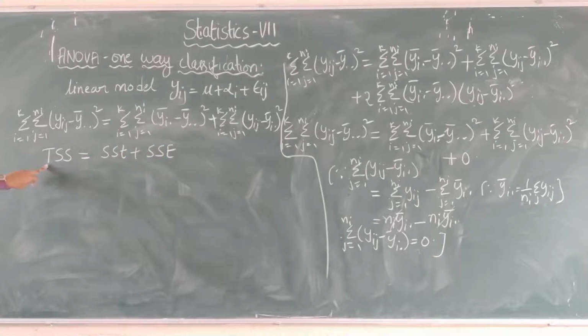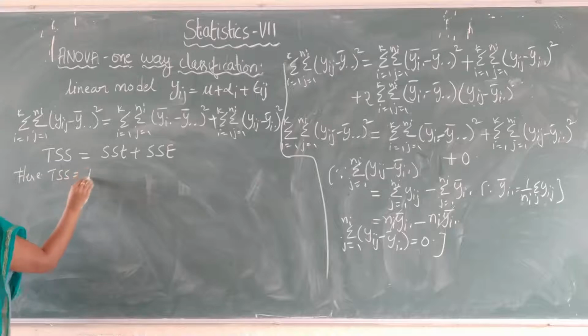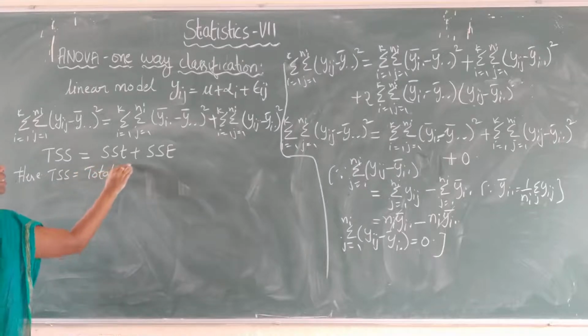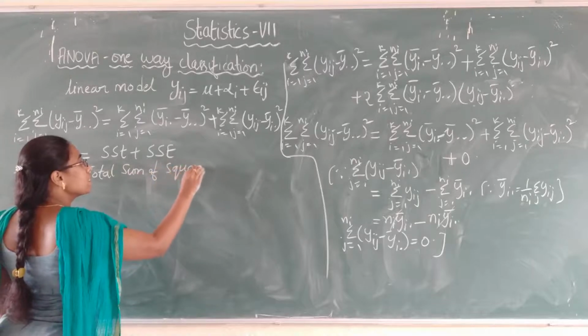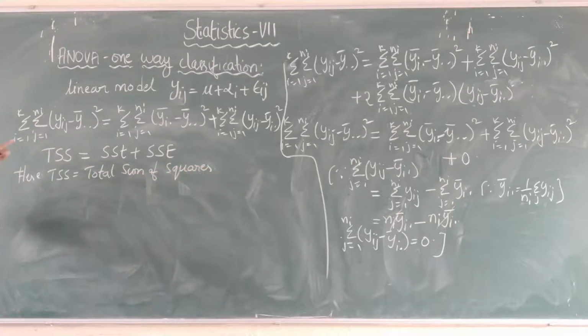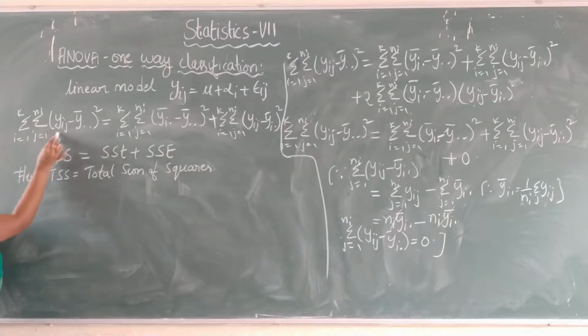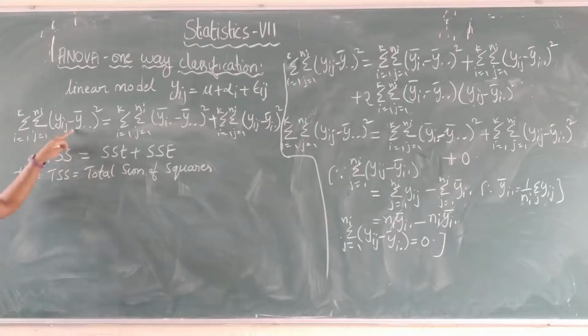TSS indicates the total sum of squares. Why is it called total sum of squares? If you observe, the total observations are denoted with yij only, minus y double dot bar, which is the overall mean.